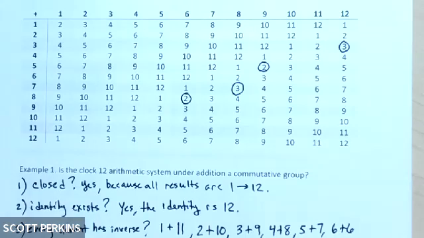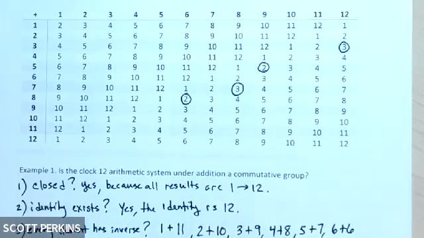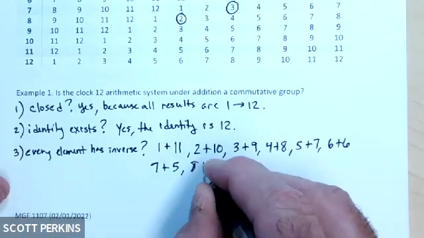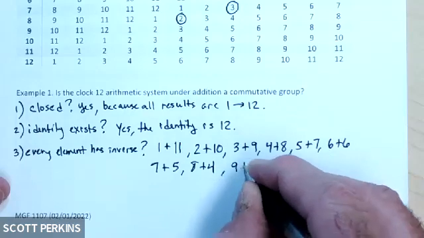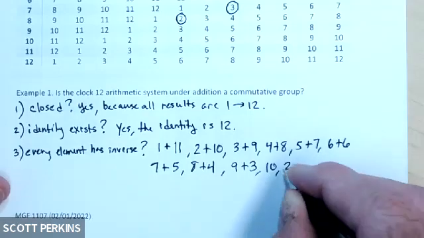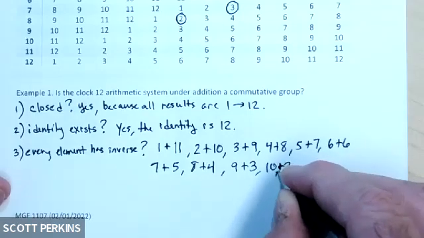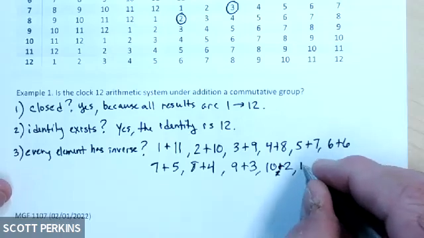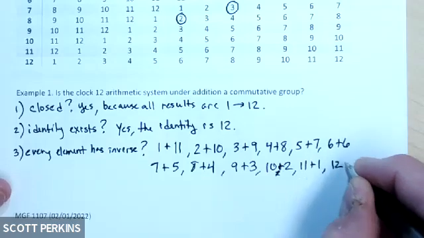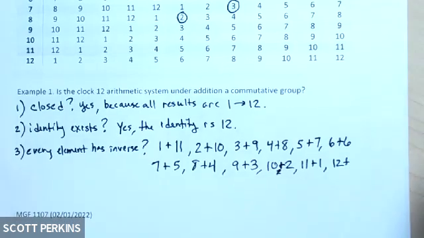I know you might be thinking the next couple steps are overkill, but it's unavoidable. So now 7. 7's inverse is 5, and then 8's inverse is 4, and then 9's inverse is 3, and then 10's inverse, I need to put a plus there, is 2, and 11's inverse is 1, and then last but not least, 12's inverse. 12 plus what gives you 12?